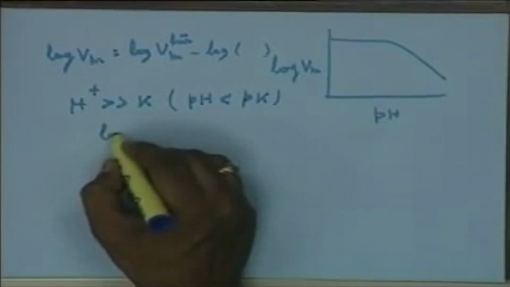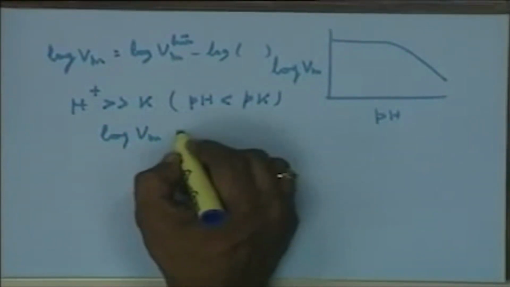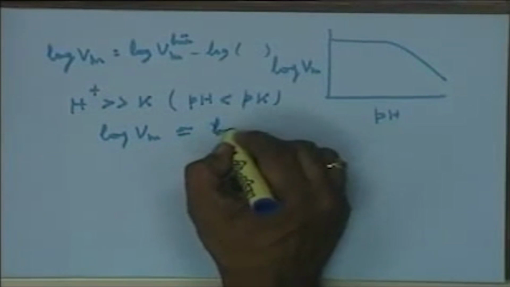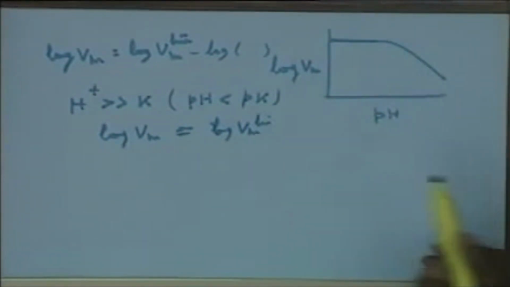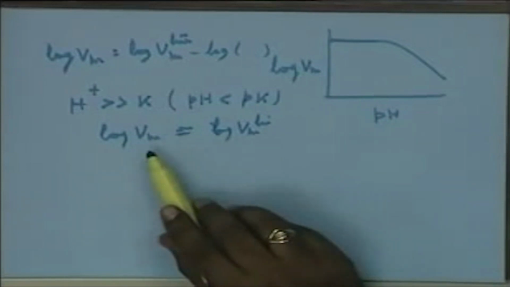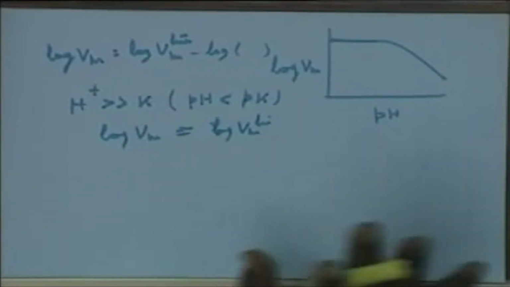then your log Vm is equal to log Vm true. That means it remains constant at a pH which is lesser than the pK value of the ionizable residue. The Vm remains constant and at its original value.